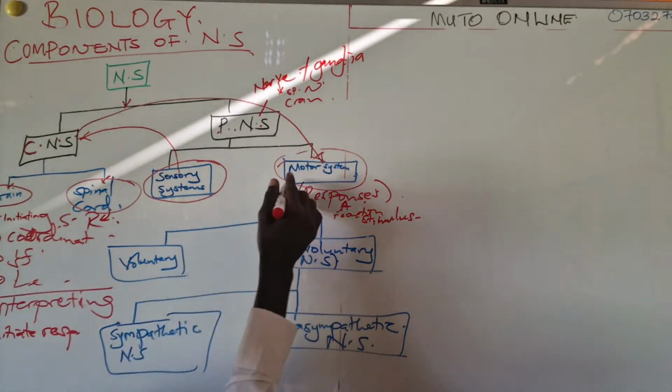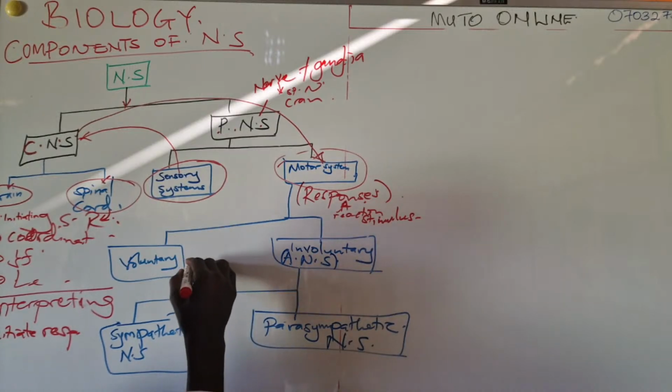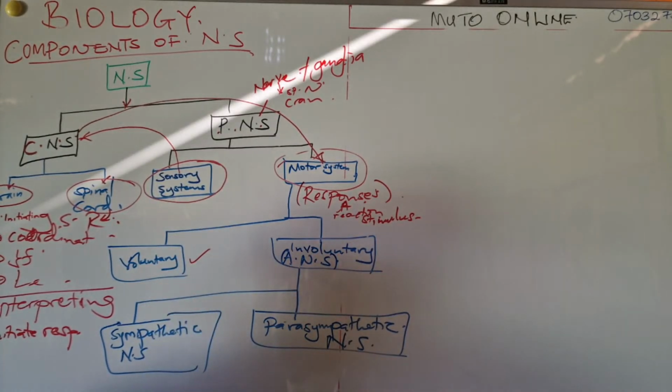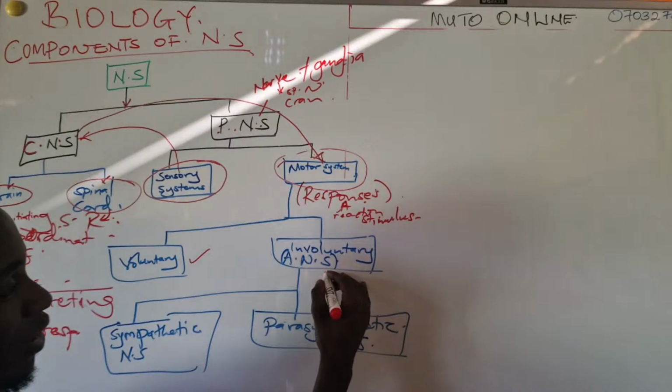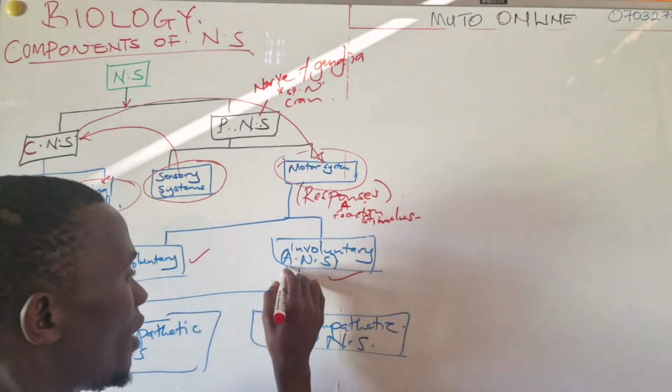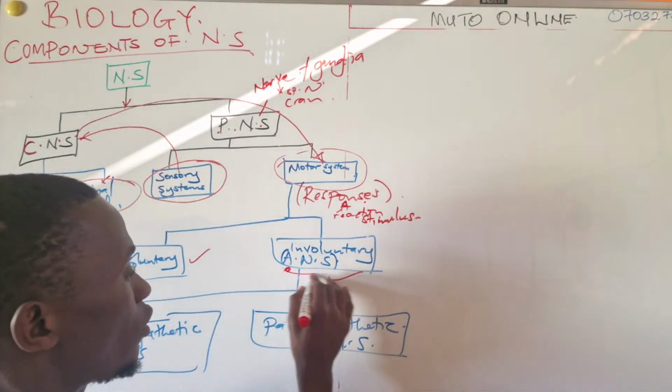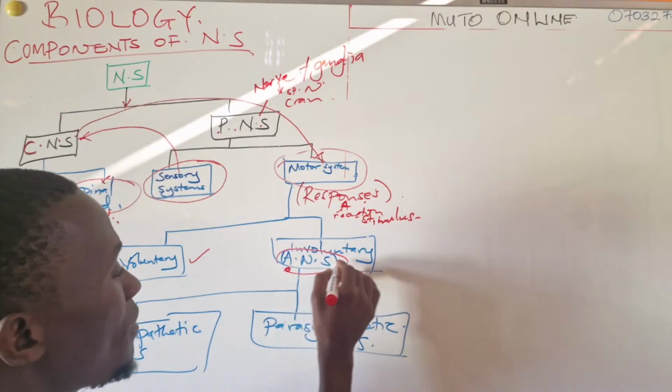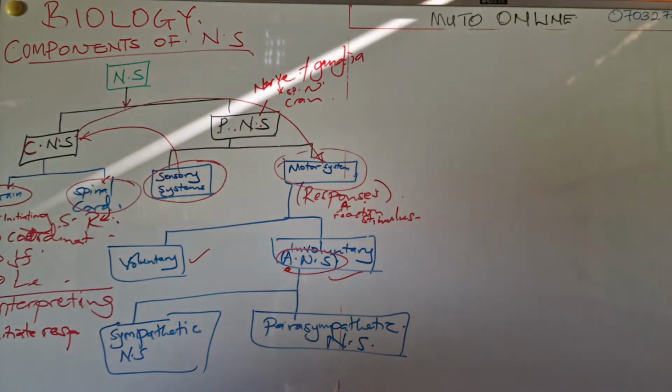So the motor system is divided into two, the voluntary and the involuntary systems. The involuntary system will also be known as the autonomic nervous system.